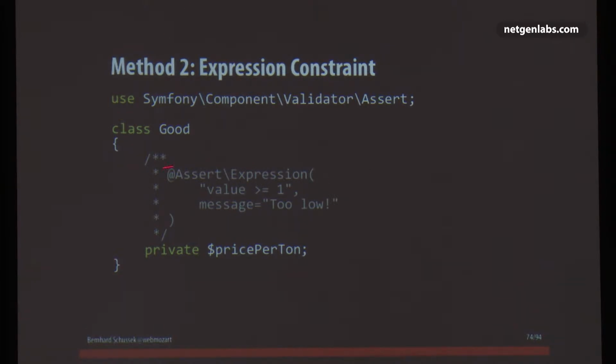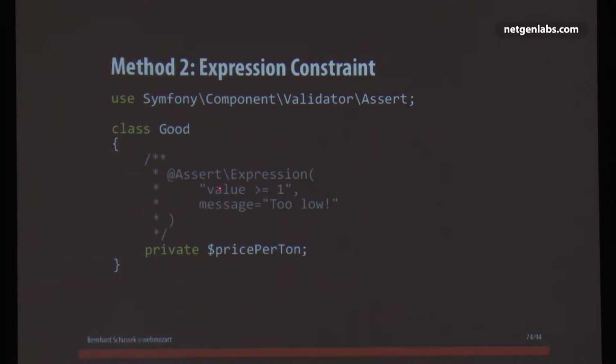So it's a very simple string language that you can use to execute expressions. It's very similar to JavaScript, in fact. And you can use the expression constraint to execute custom expressions and create an error if the expression fails.